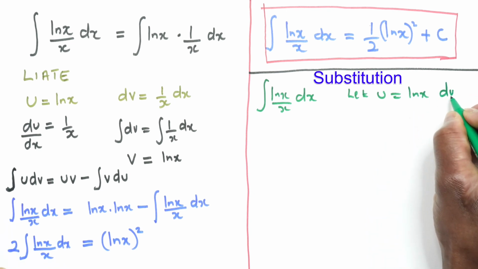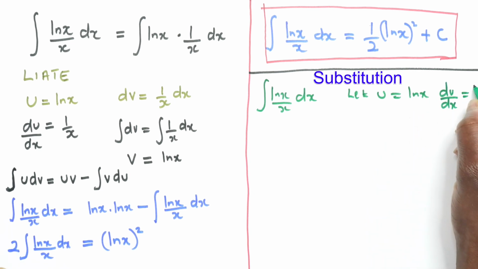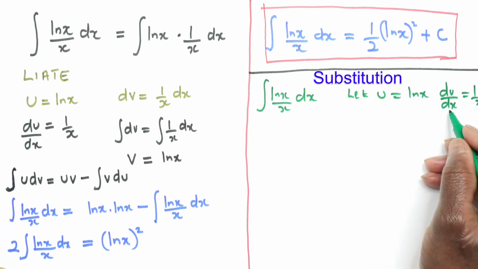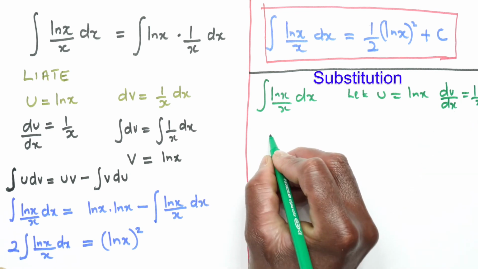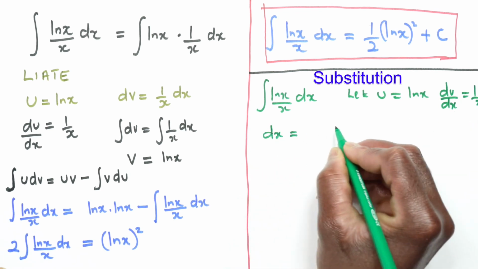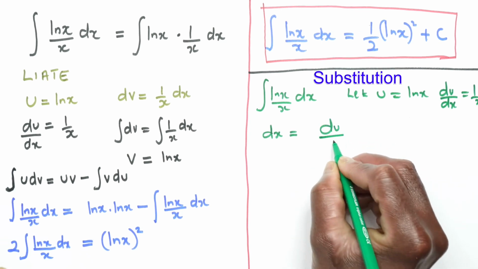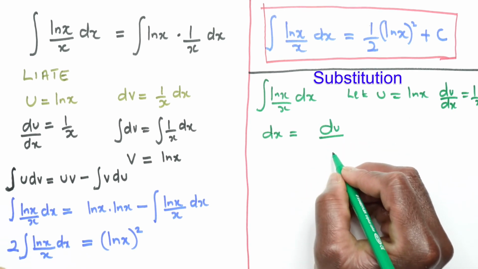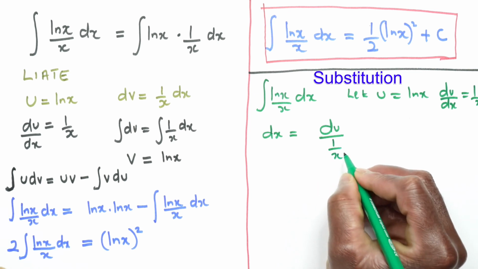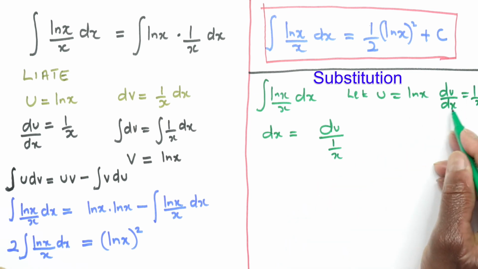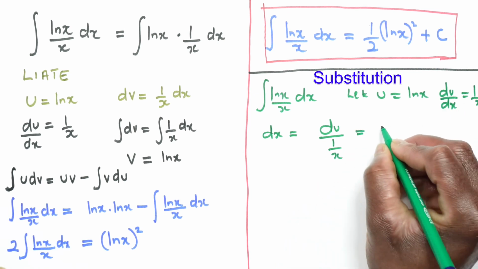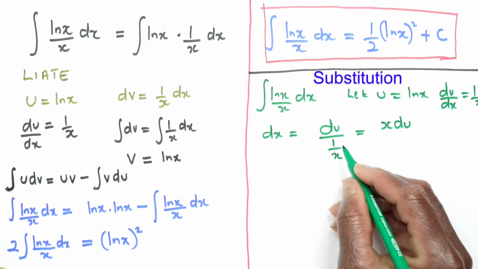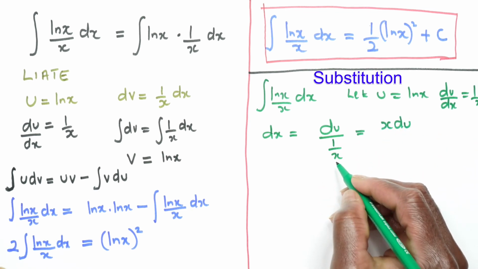Therefore, du over dx is 1 over x. I can make dx the subject. Therefore, dx will be du over 1 over x. Since I'm dividing both sides, I'm swapping that, so it becomes x du, because 1 over x inverted is x.